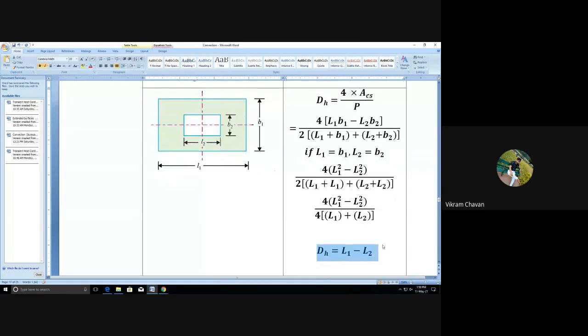And finally, D suffix h is equal to L1 minus L2, if L1 is equal to B1 and L2 is equal to B2.